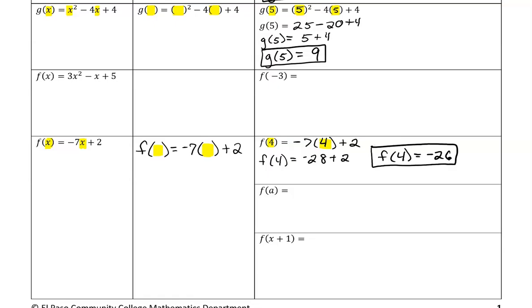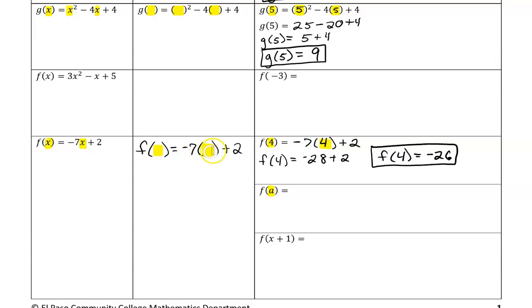Now with that same function, the negative 7x plus 2, the next one's asking us about f of a. F of a. So something a little bit different. We've been looking at plugging in numbers, but now we have a letter. Well, it doesn't really matter that it's a letter. What matters is that it's on the inside of those parentheses. Remember, the skeleton is telling us whatever's on the inside of this function notation is going to be plugged into the spot that used to have a variable, right?